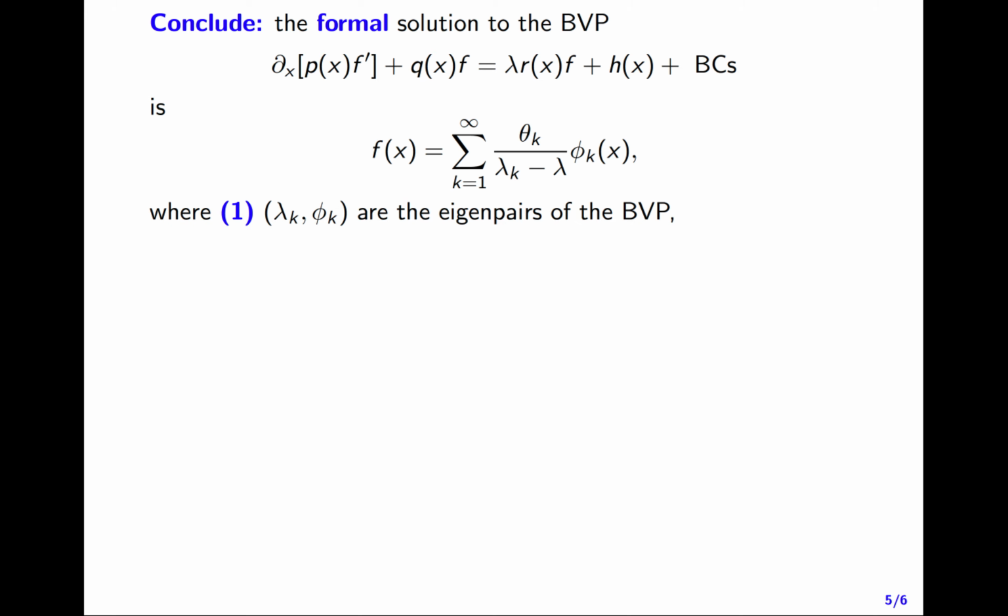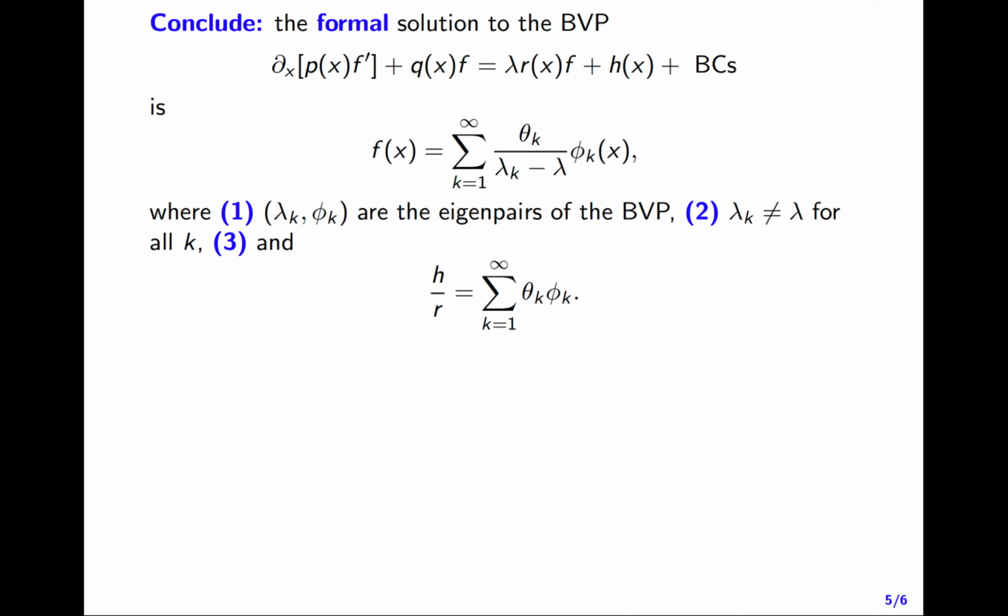And just to be clear, we know what all the data is in this series. The eigenpairs of the boundary value problem are the scalar lambda k and the function phi k. We're assuming that lambda k is not equal to lambda for all k, and we're assuming that we have the representation h over r is the sum from k equals 1 to infinity of theta k times phi k.